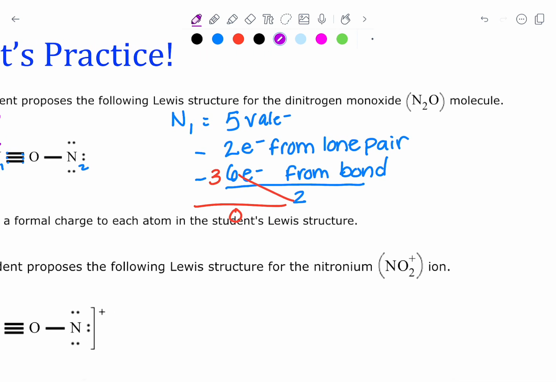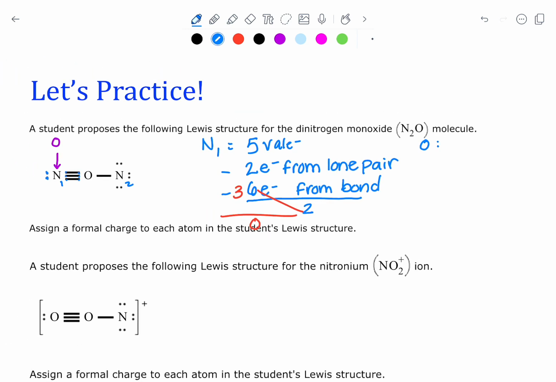Let's next look at the oxygen. So oxygen, we know, has 6 valence electrons. That's from the periodic table. For our associated electrons, the oxygen doesn't have any lone pairs on it. It only has bonds, so minus 0 from lone pairs. You don't even have to write it, but I'm choosing to write it just to remind myself that I've accounted for them since there aren't any.